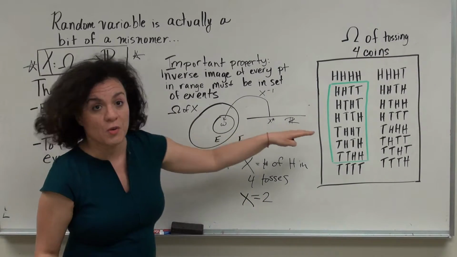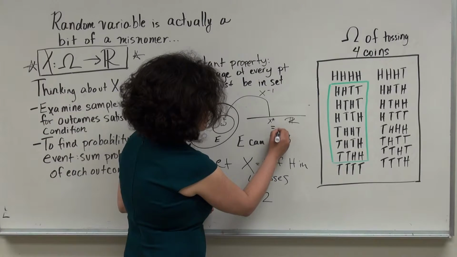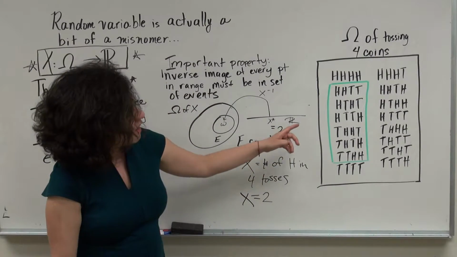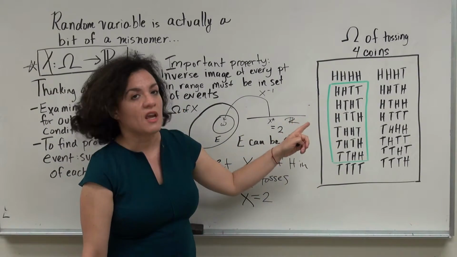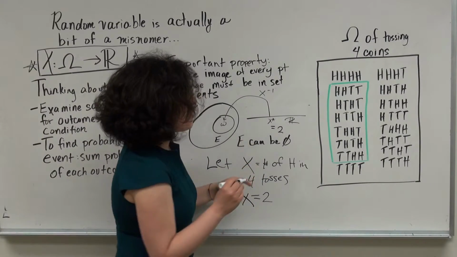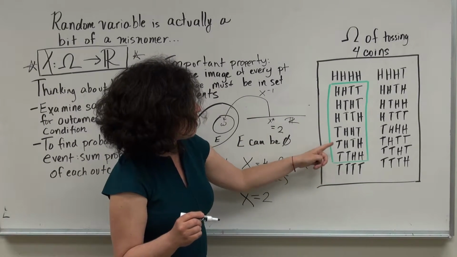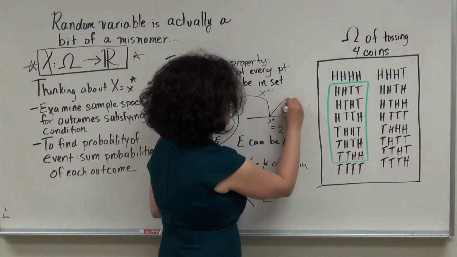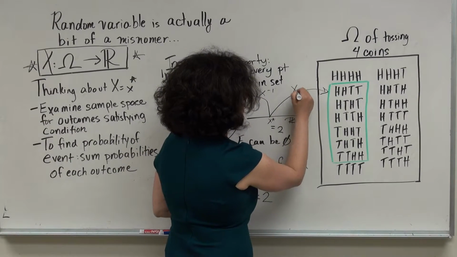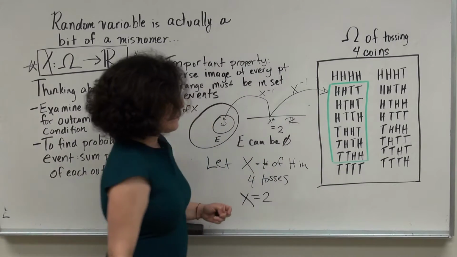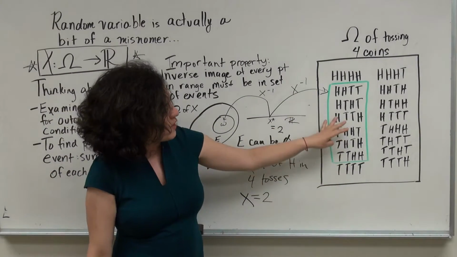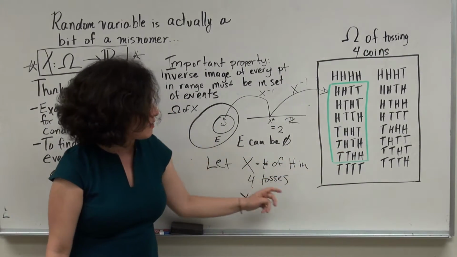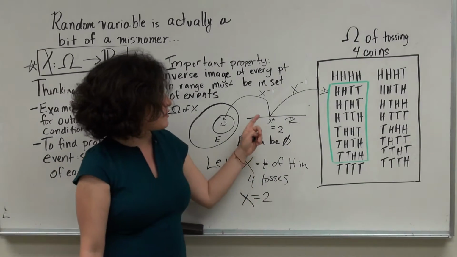So now when I go back here, I'm going to say x star is equal to 2, and I've already highlighted in green all of the outcomes that are the inverse image of that. So map it out like this. Okay. So those are all those points in the sample space such that the random variable x equals 2.